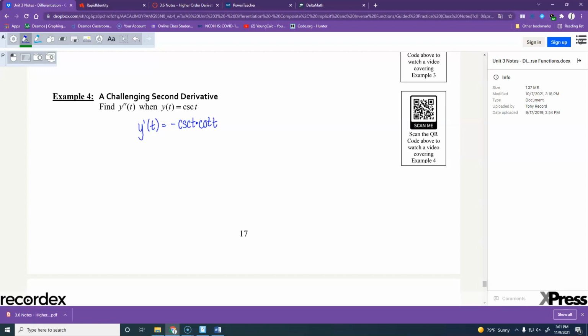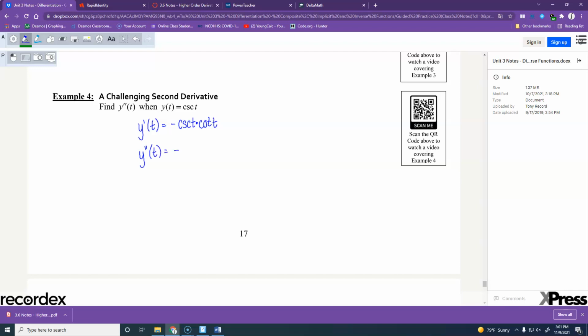Alright, so we now have to take the second derivative of this. What are we going to have to use to take the second derivative? Got to use the product rule here.